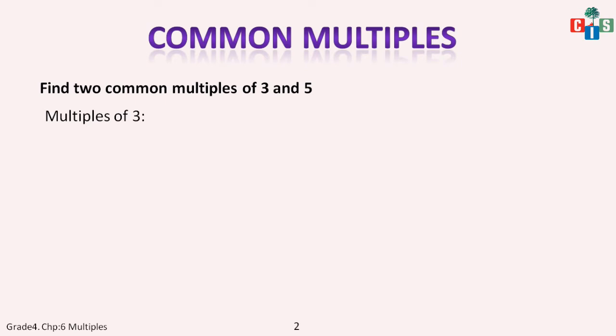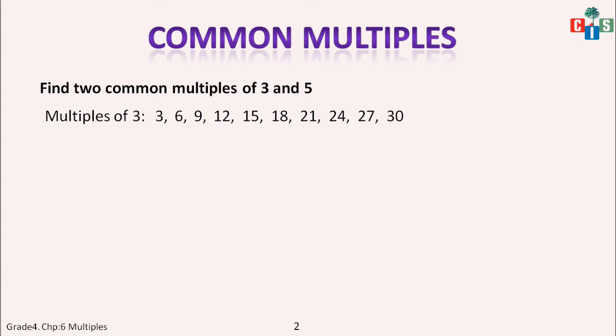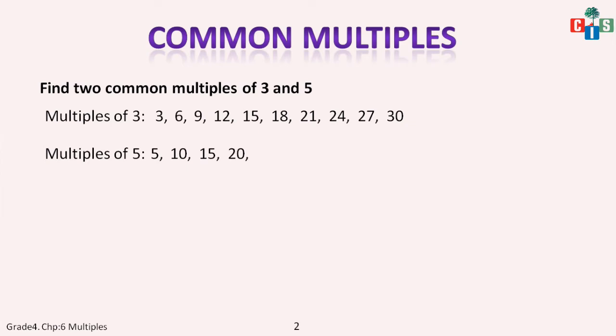3 1s are 3, 3 2s are 6, 3 3s are 9, 3 4s are 12, 3 5s are 15, 3 6s are 18, 3 7s are 21, 3 8s are 24, 3 9s are 27, 3 10s are 30. So I wrote the table till 10. Now multiples of 5: 5, 10, 15, 20, 25, 30, 35, 40, 45 and 50. Now we will find the common ones.